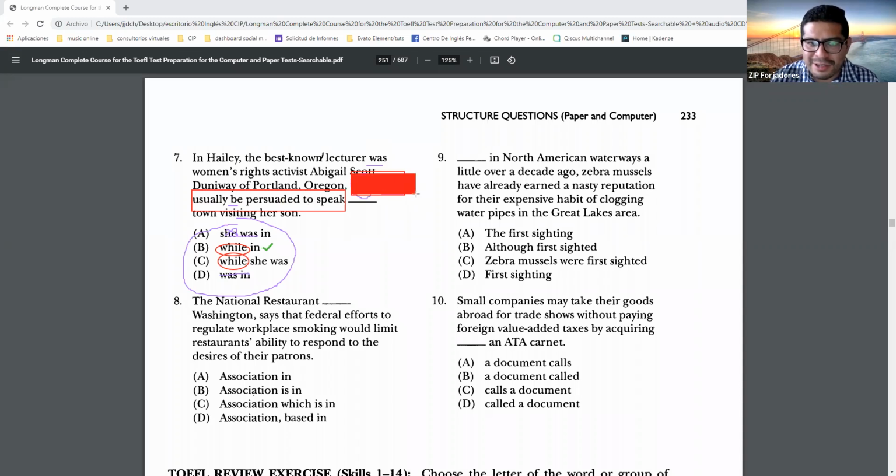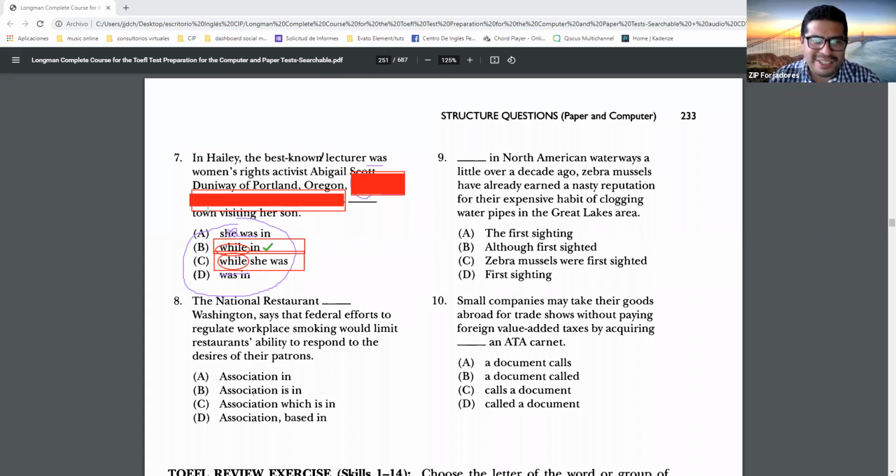There isn't anything wrong with this clause, so imagine that it's not there. Then you have, for example, a connector, which means it's going to start the clause from here to the finish of the clause, in this case "her son."